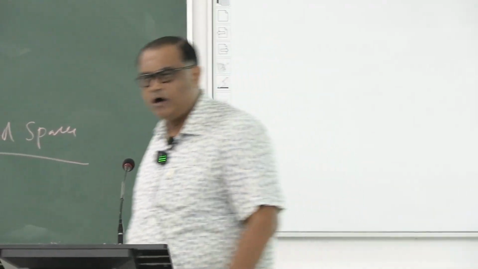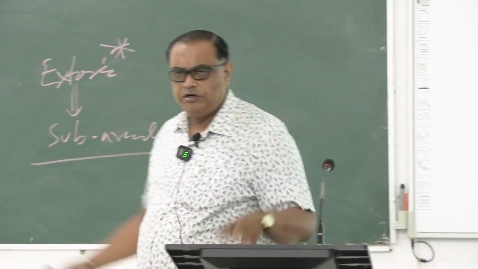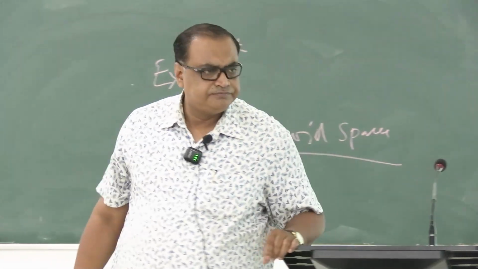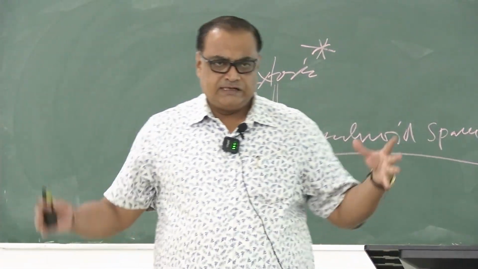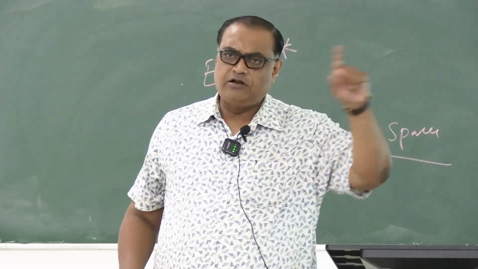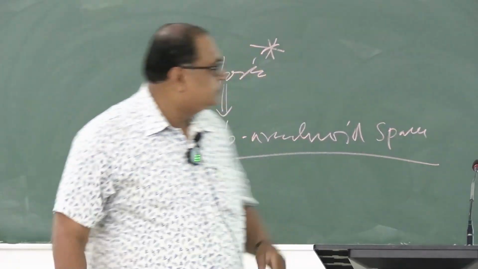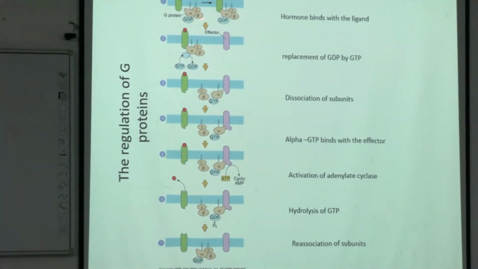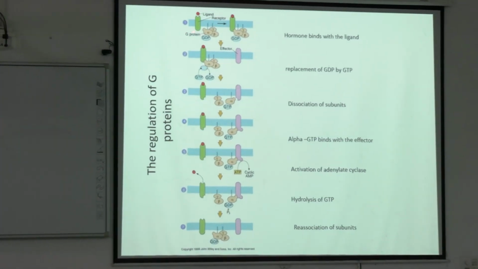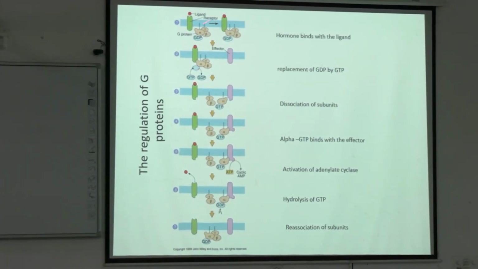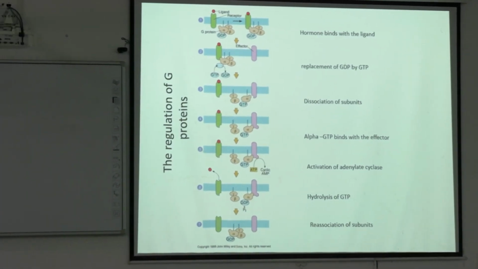As long as it is GTP bound, it cannot reassociate. As long as it is associated, GTP cannot bind. See this one. This is GTP bound altogether. Then some changes occur in this green color.